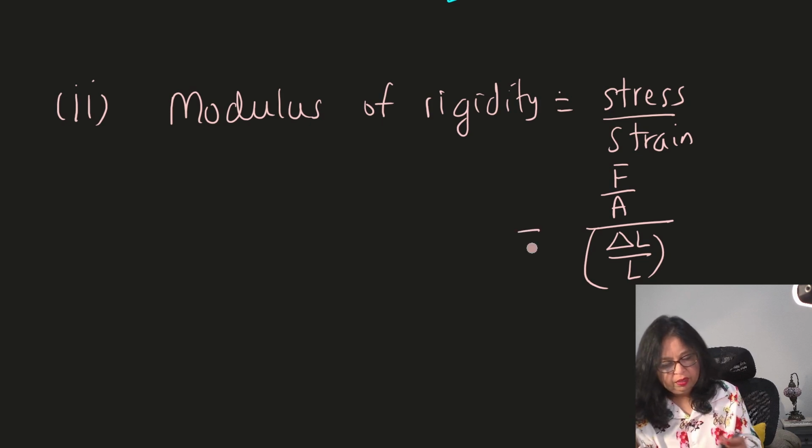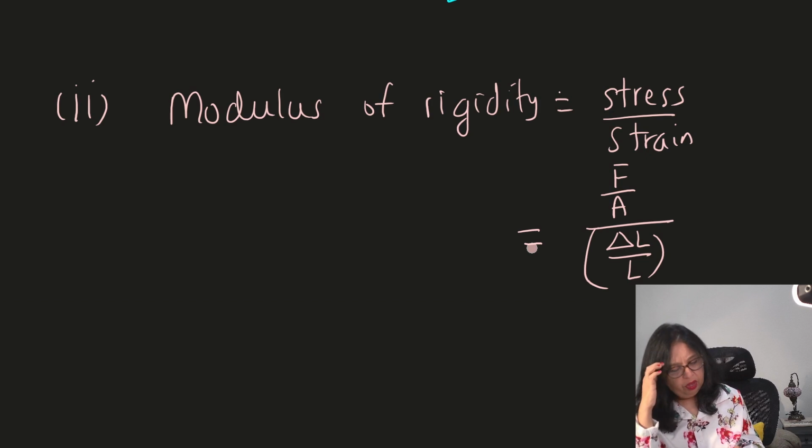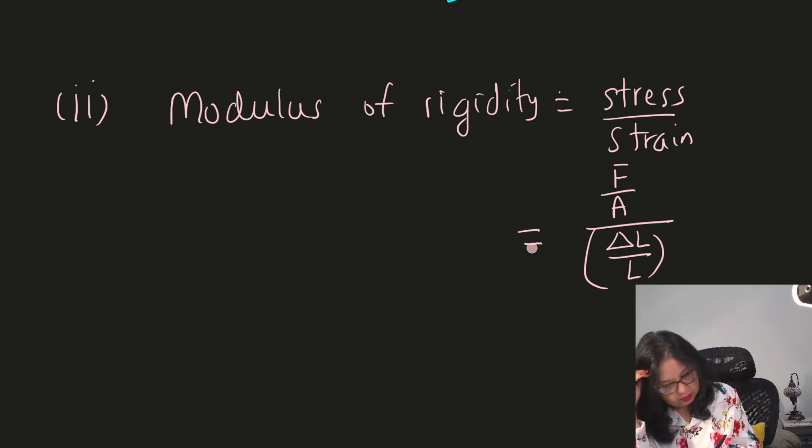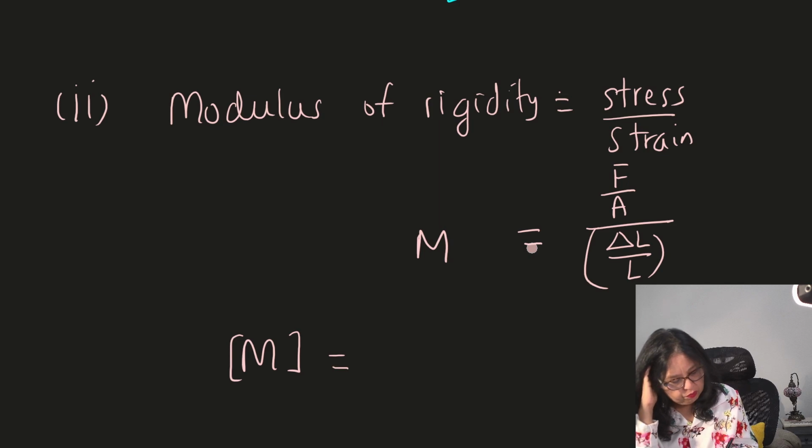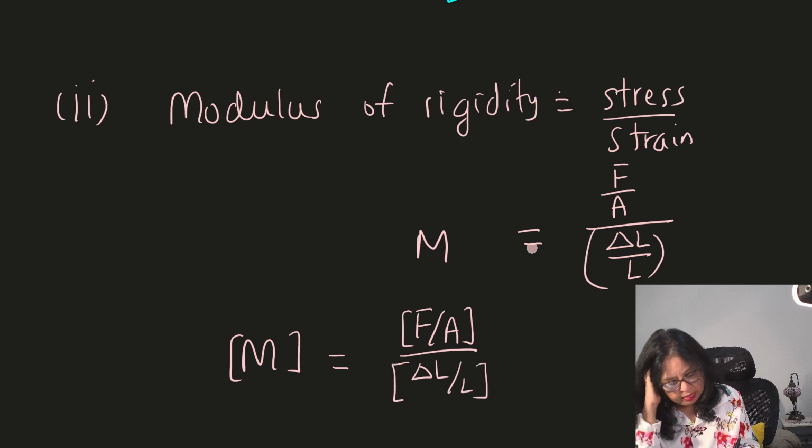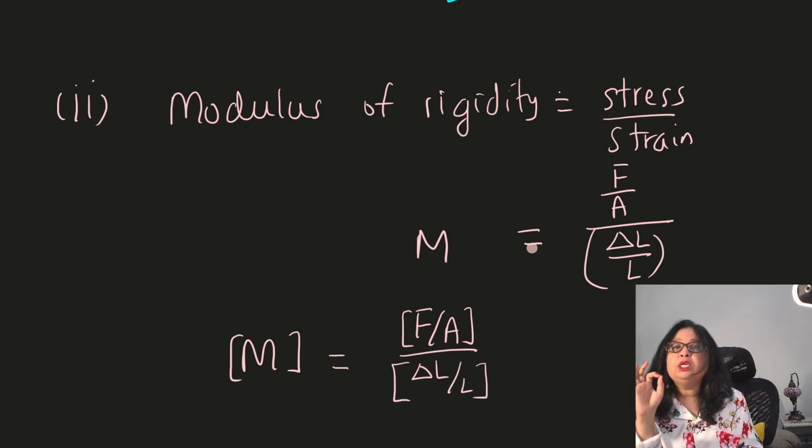Just want to bring this equal sign down. So in terms of the dimensions, the modulus of rigidity, let's call it M. The dimensional formula for M equals the dimensional formula for force per unit area divided by delta L over L. Delta L is the change in length, right?